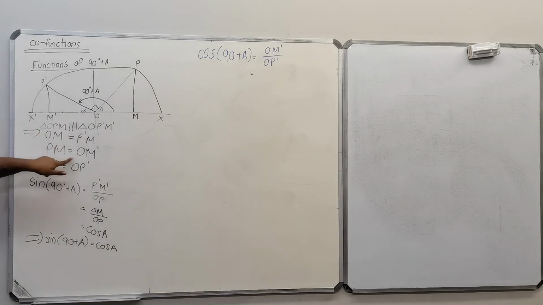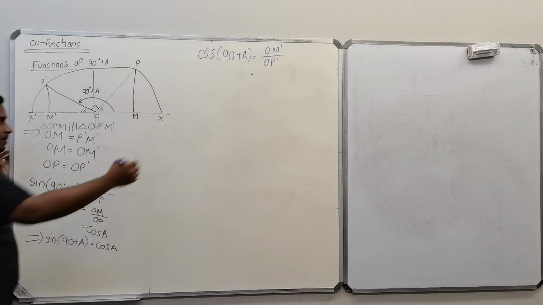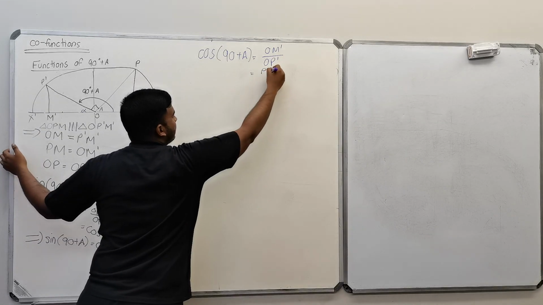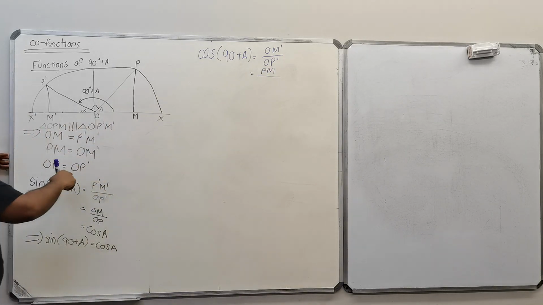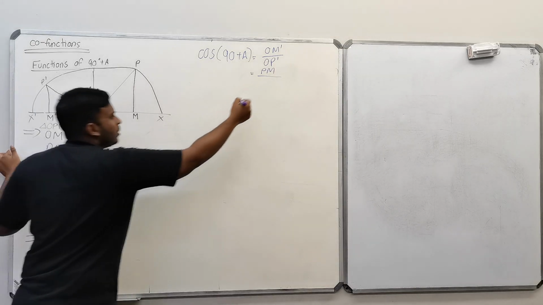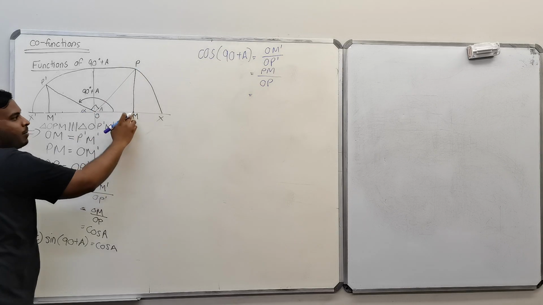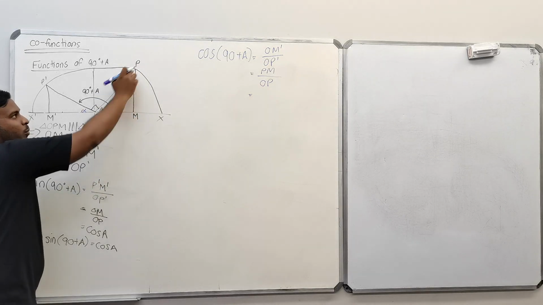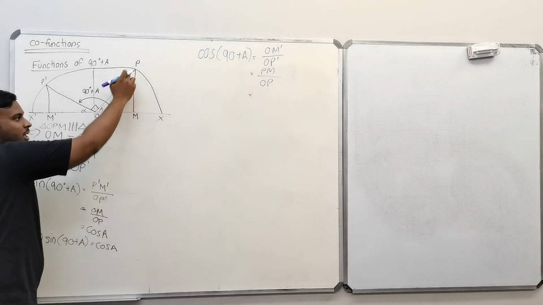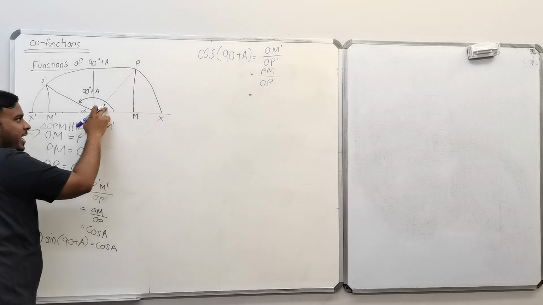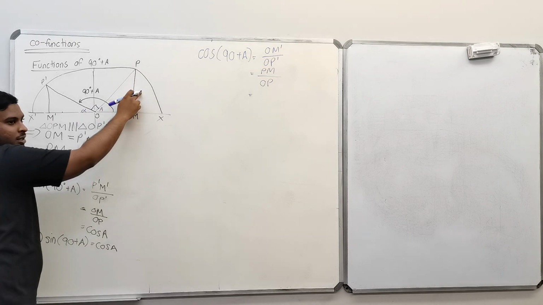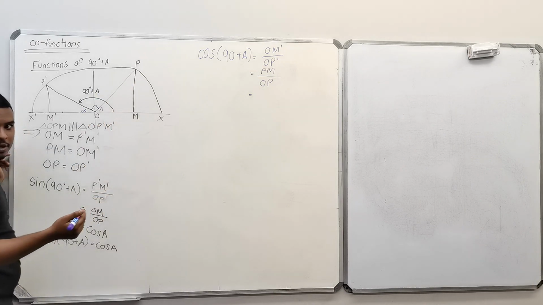OM prime is equal to PM, so PM all over OP prime, which is equal to OP. There's PM, there's OP. In terms of your angle A, PM is opposite and OP is your hypotenuse.